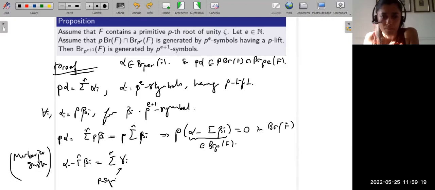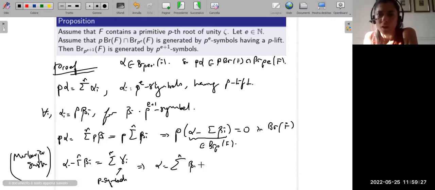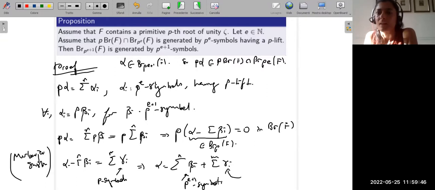P symbols. And this is, okay, the same thing. This means that we can write alpha as a sum of beta i's plus gamma i's, where the beta i's are classes of cyclic algebras of degree dividing p to the power e plus 1, so p to the power e plus 1 symbols, and the gamma i's are p symbols.